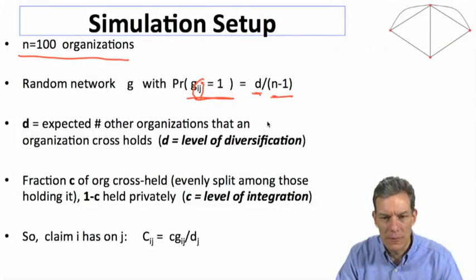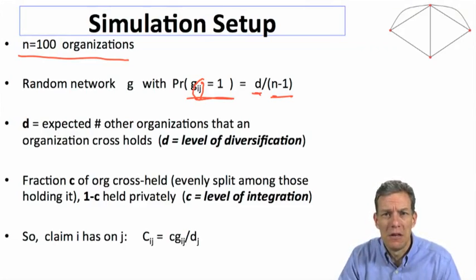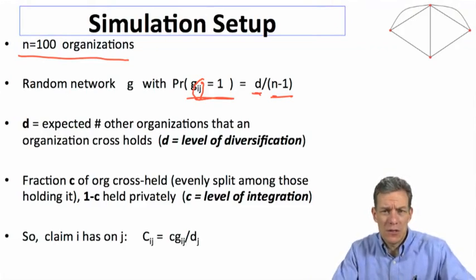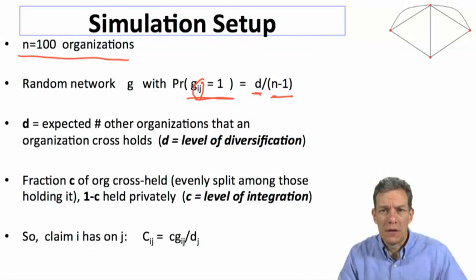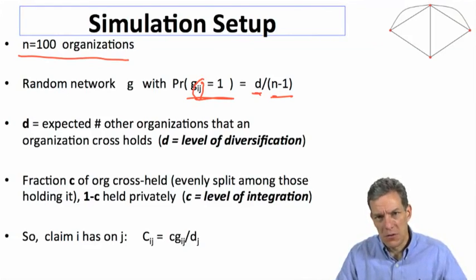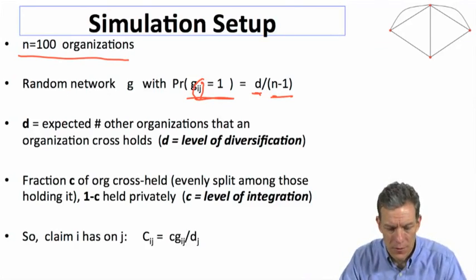So D is the expected degree, and we're going to refer to this as the level of diversification. It's how many different organizations a particular organization is holding. So it's expected to have D holdings of other organizations.